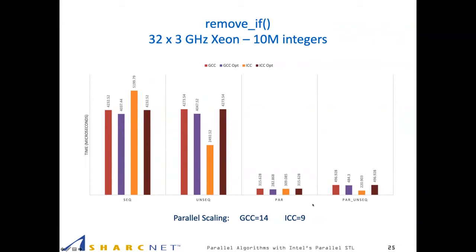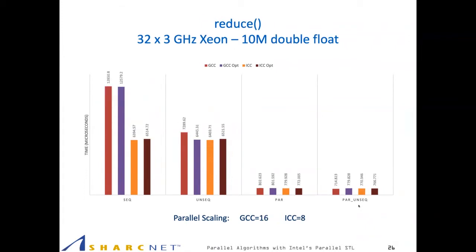The parallel performance for GCC and ICC is about 14 and 19 as shown here. But you can see the par OnSec on Intel also performs a little bit better than the parallel version only.